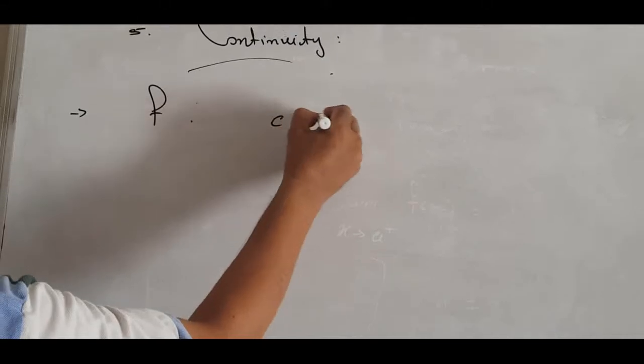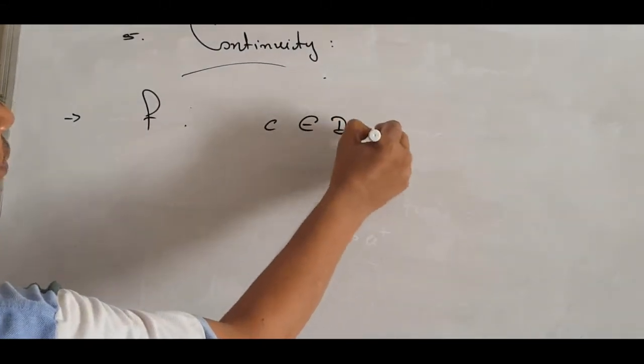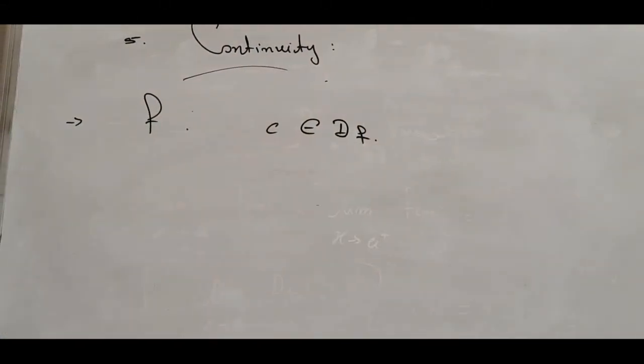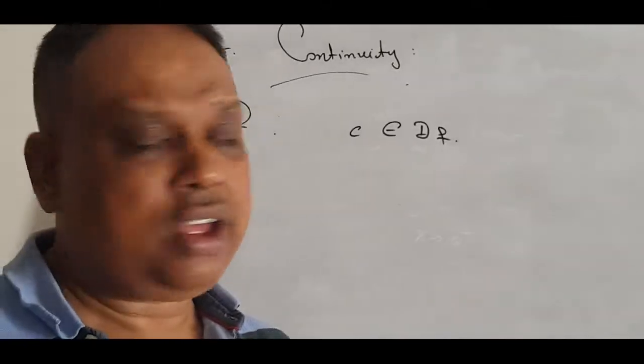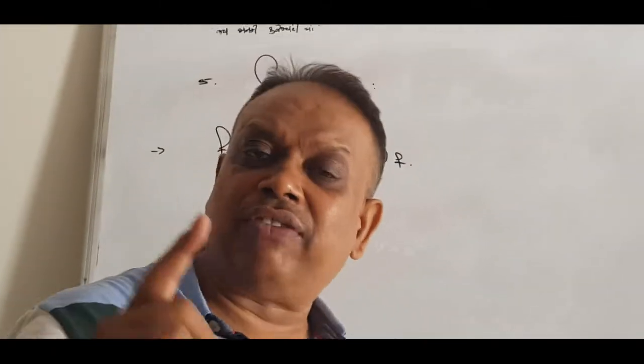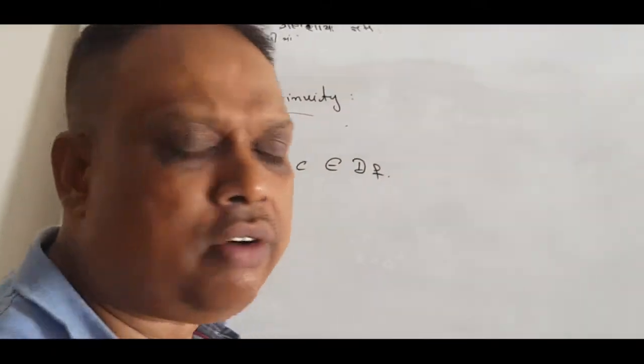So say that same thing. Suppose f is a function defined on the real numbers, means its domain and codomain are the real numbers. If c belongs to the domain of f. See, in the limit of a function, that value does not need to belong to the domain of f.